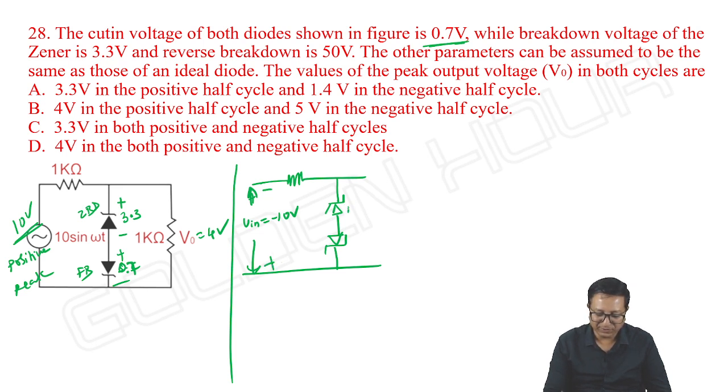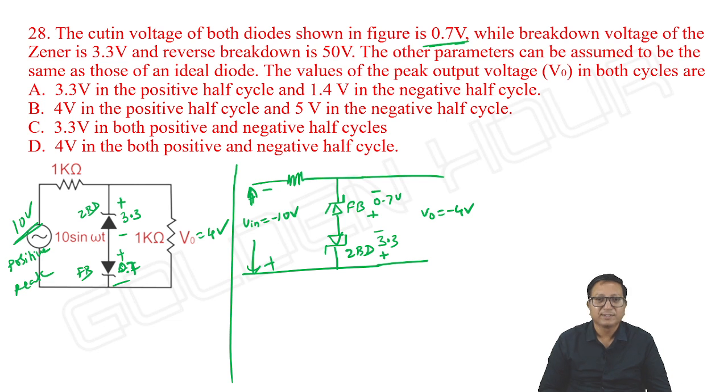It is forward biased, opposite action. It is Zener breakdown. So it maintains 0.7 volts from anode to cathode. It maintains 3.3 from cathode to anode. Ultimately, it is minus 4 volts.